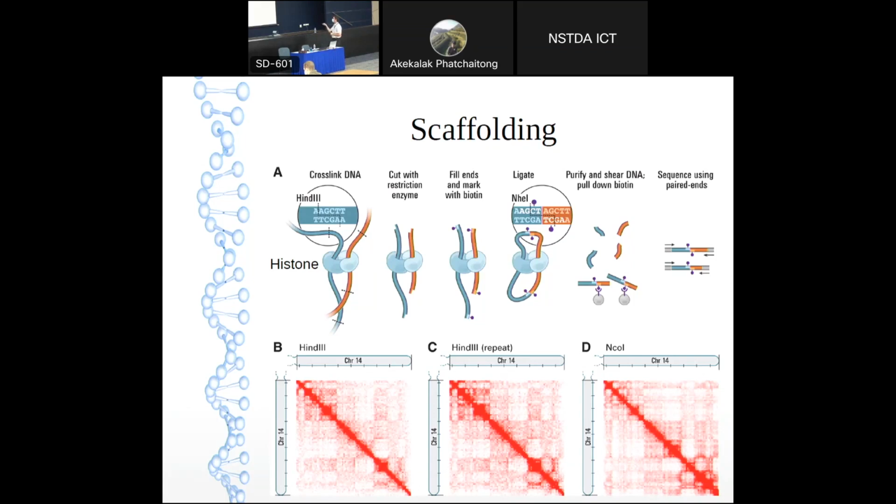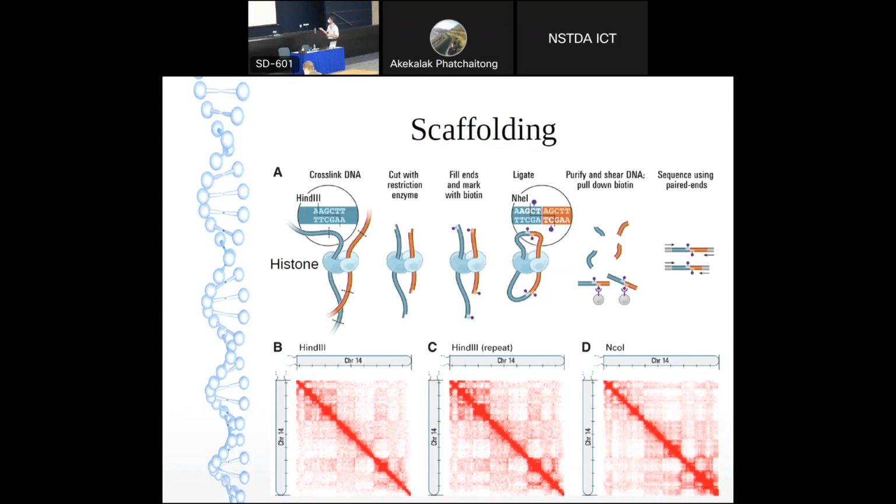And so here we can see just a heat map of chromosome 14. This says that the DNA at this part binds often to DNA here, and sometimes the DNA that's very, very far removed from its actual physical location inside the nucleus.